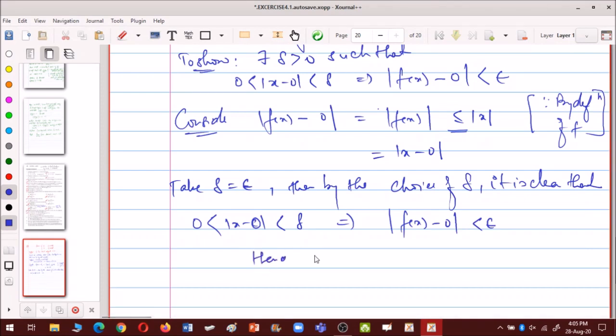Hence the limit as x tends to 0 of f(x) is equal to 0. So we have shown that at x equal to 0, f has a limit and it equals 0.